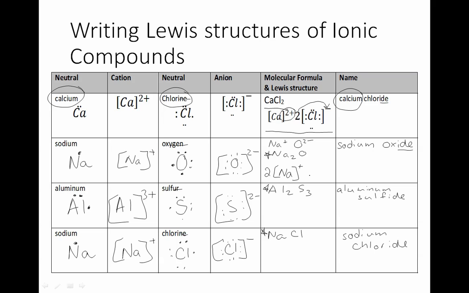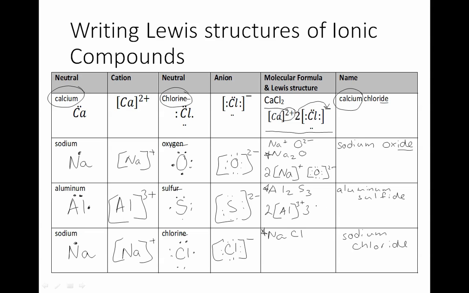And then how many oxygens do we have? Just 1, so you don't have to write anything in front of it. And then write its Lewis structure. Then we do the same thing for aluminum. There are 2 aluminums. Its Lewis structure is Al3+. And notice all the cations should have no valence electrons shown for the ions, and all the anions should have 8 electrons shown in their valence.